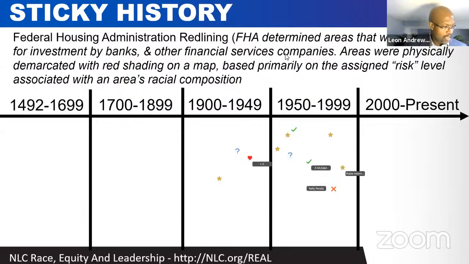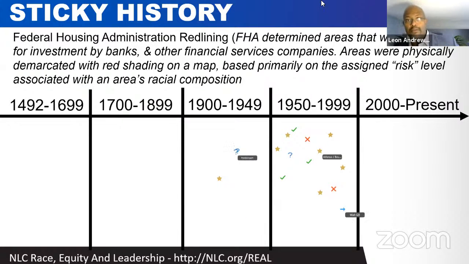So what year did the FHA start redlining? It went on for a period of time, and actually covers two periods when we experienced redlining, but when did it start?